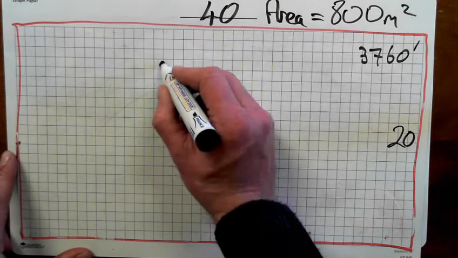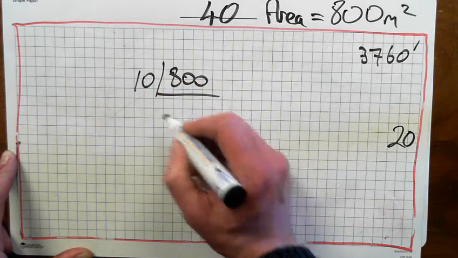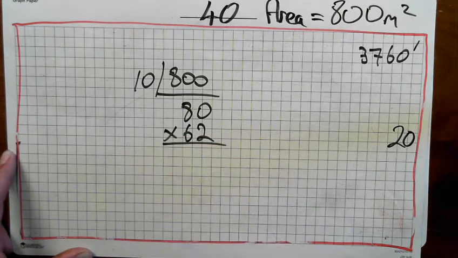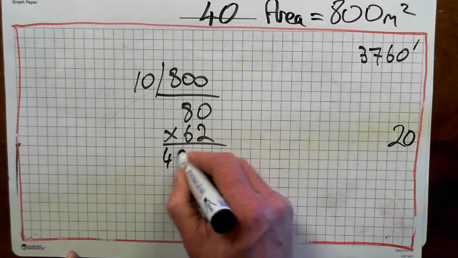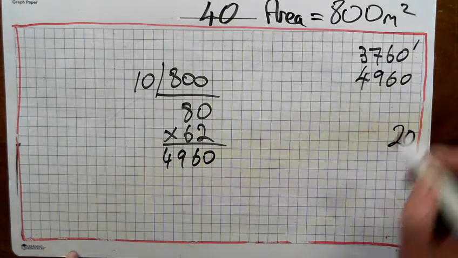Right, so I do the same thing again. 800 divided by 10 is 80, multiplied by 62. You've got a calculator there? This is 4960. So my next answer is 4960.